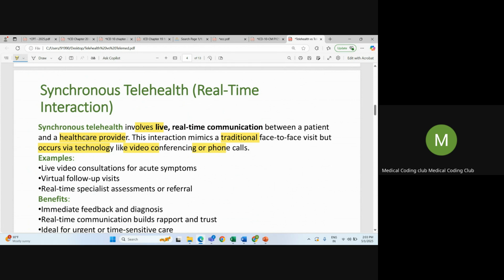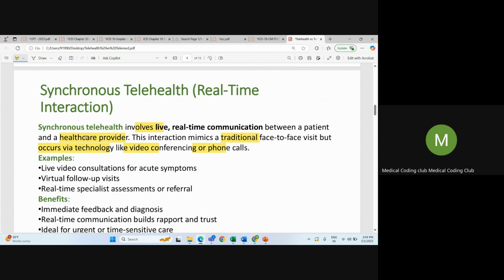When you are considering synchronous telehealth, the evaluation will be more effective since the doctor is available and can actually see you and your general appearance. Based on that he will form a judgment, and he can go ahead and prescribe what is needed for you.